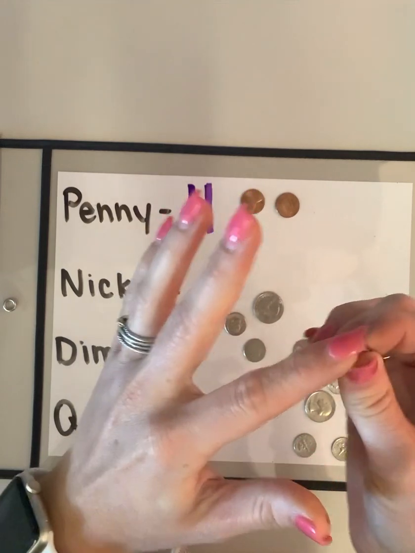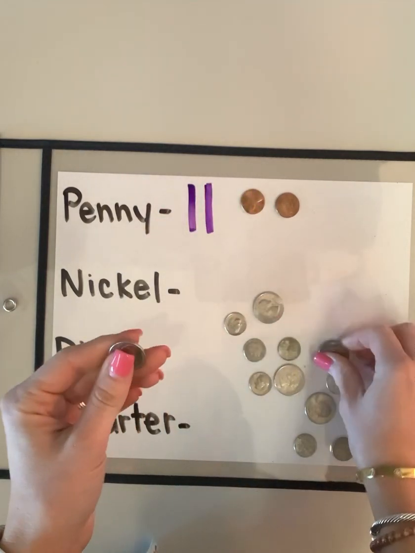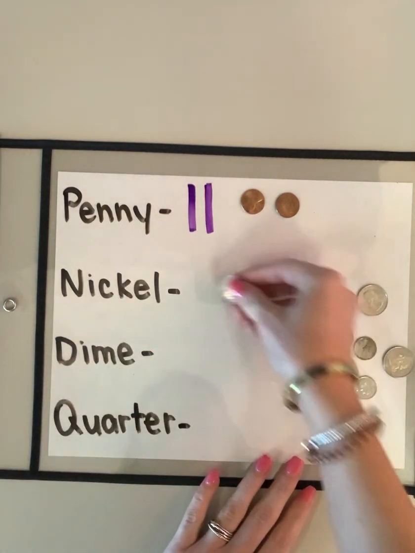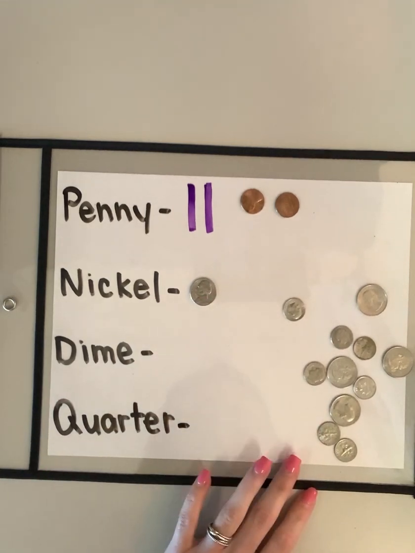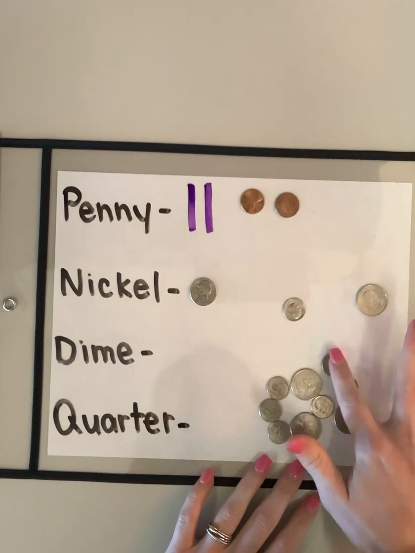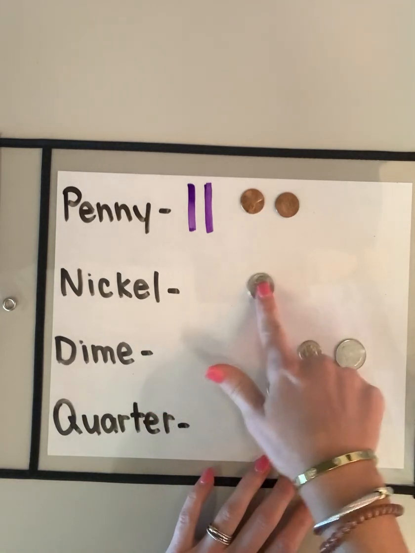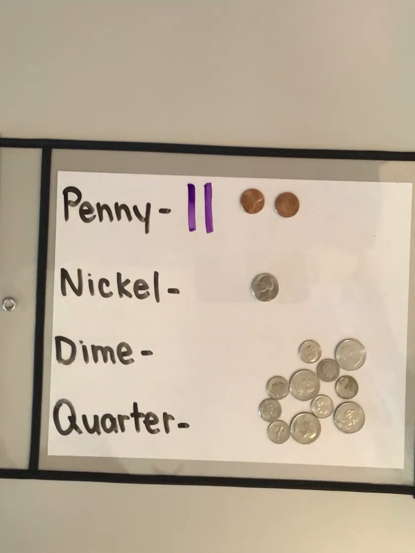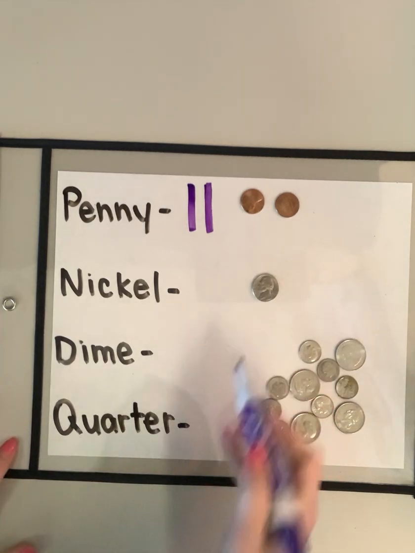So I know this is a nickel because the rest of my coins all have bumpy edges. And there's Thomas Jefferson on the front. I don't think I see any more nickels, do you? Nope, that's it. So show me with your fingers how many tally marks I'm going to draw for this coin.